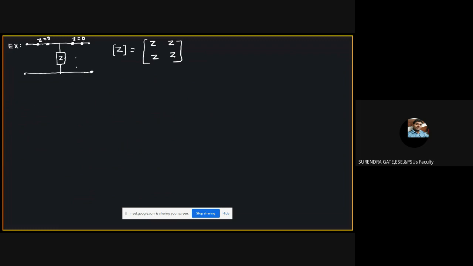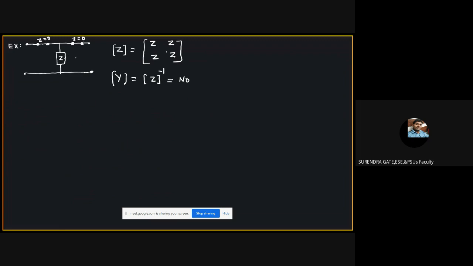Because I'm assuming it is a T network, this impedance is 0 and here the impedance is 0. Now, if the Z parameters are defined, then what are the Y parameters? Y equals Z inverse. This does not exist.